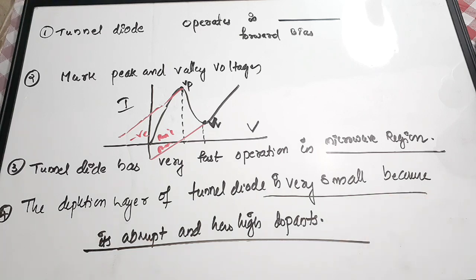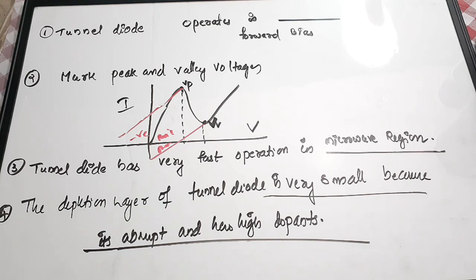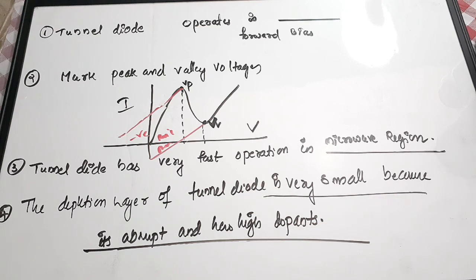So why is the depletion region of the tunnel diode very small? Because the depletion region is abrupt and it also has high dopants. Because of the high dopants, or the heavy doping, the depletion region is small. So that is the fourth question.